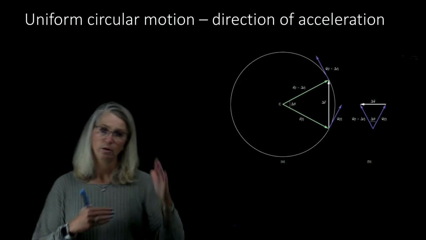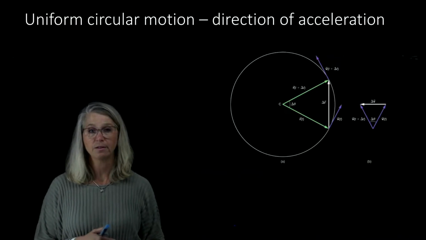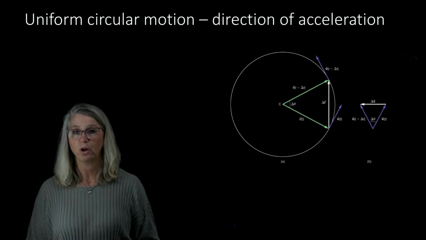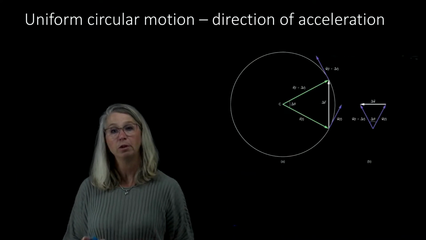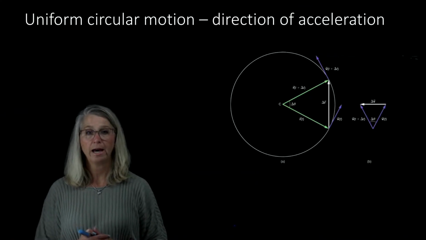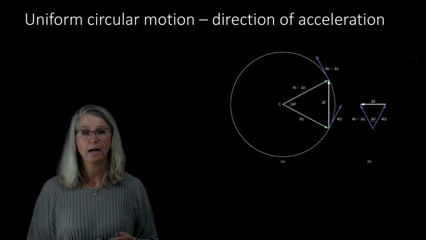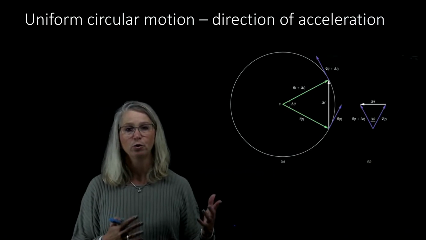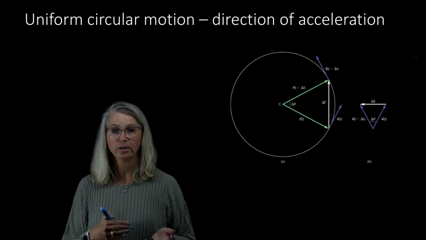The purple vectors are the velocity vectors: the velocity vector initially at time t, and then the velocity vector at time t plus delta t. Delta t is the amount of time that passed between the two points. I want you to take a closer look at some of the other details in this picture.